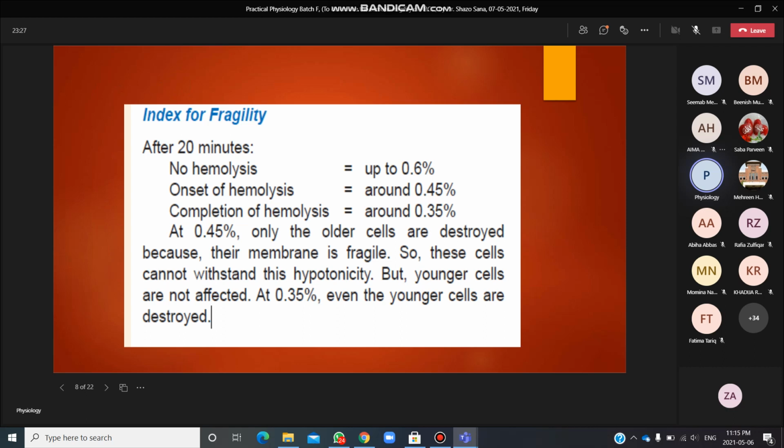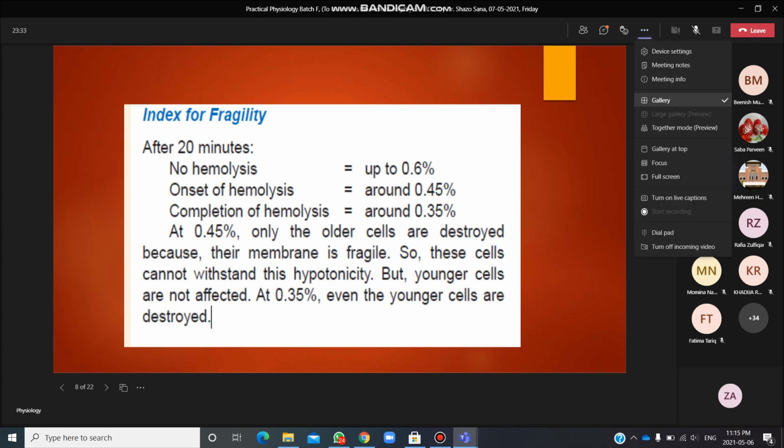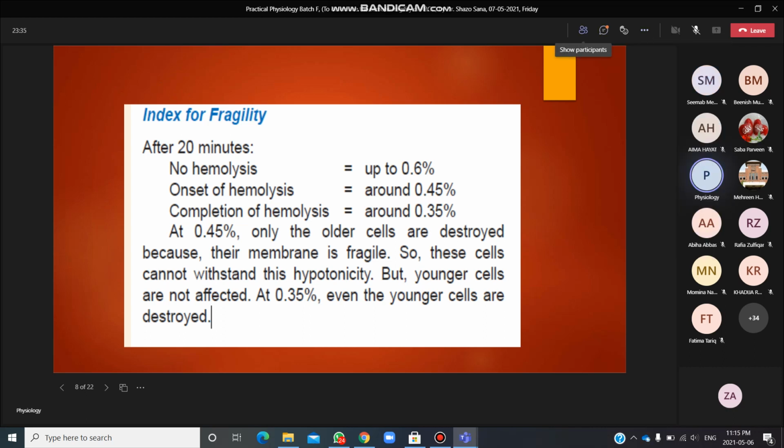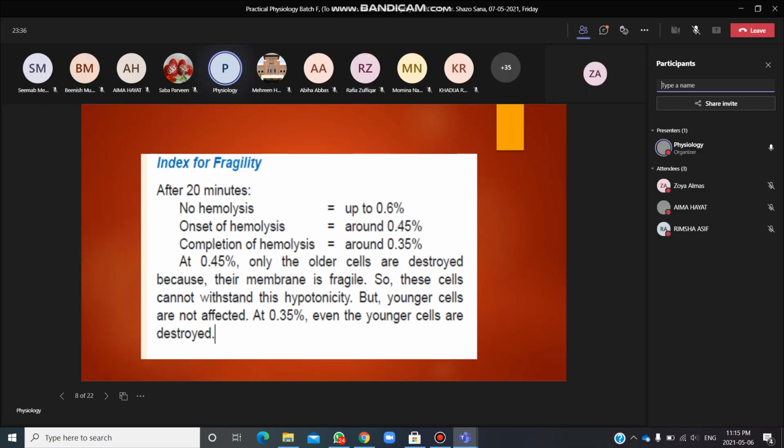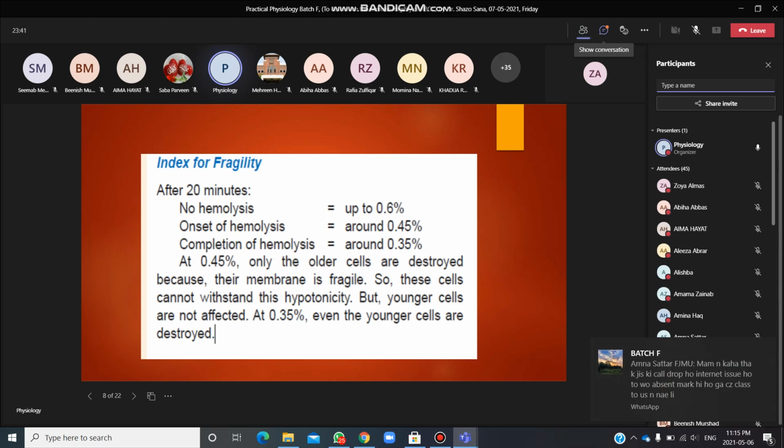So what is the index of fragility? After you have mixed the blood with saline solutions of different concentrations, almost 20 minutes later, if there is no hemolysis, then the index is 0.6%. It means in the 0.6% saline solution, there is no hemolysis at all.